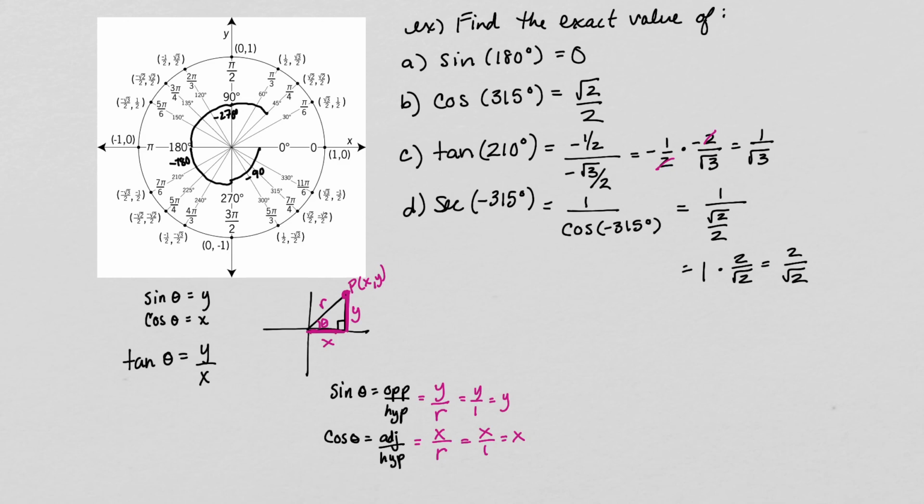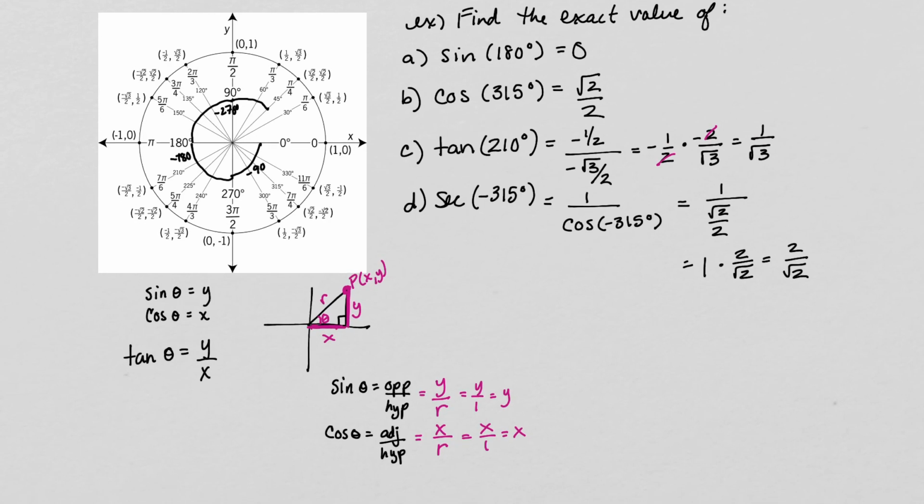Okay. Let's do a couple more here. What about E? The tangent of 270 degrees. So tangent is what? What do we have to put on the top?